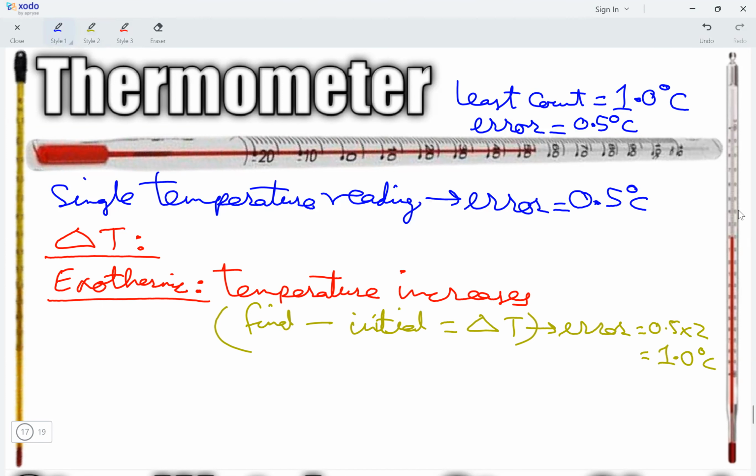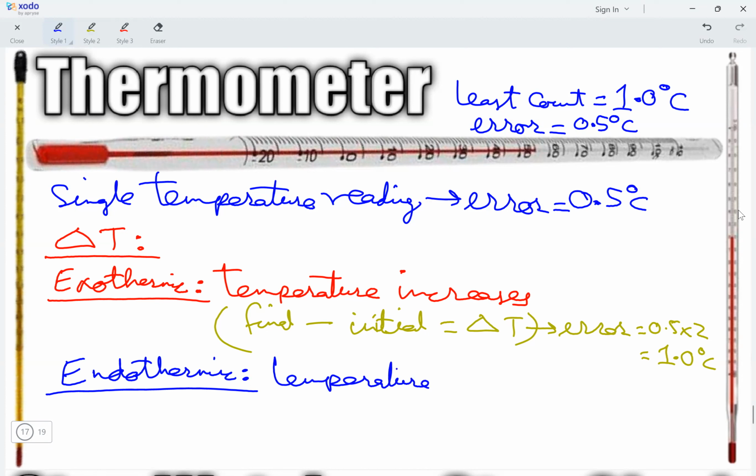Similarly, in an experiment that is endothermic in nature, an endothermic experiment is an experiment in which the temperature falls. And in this case, the initial temperature is higher than the final temperature. So, in order to measure the delta T, we subtract the final temperature from the initial temperature.